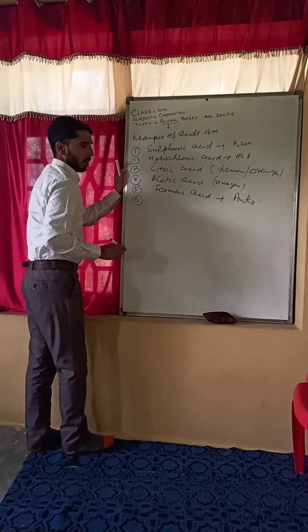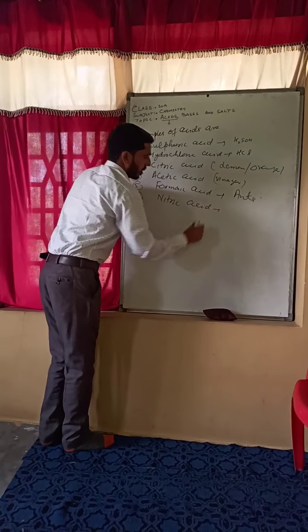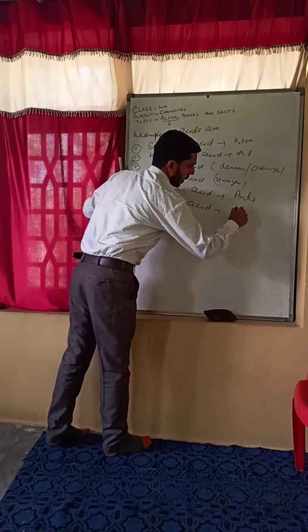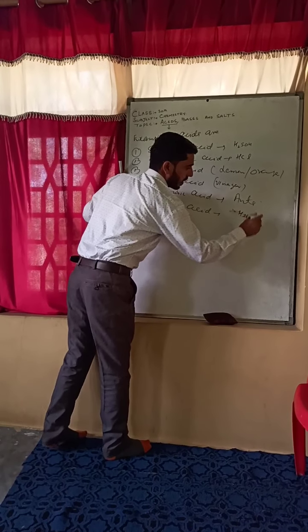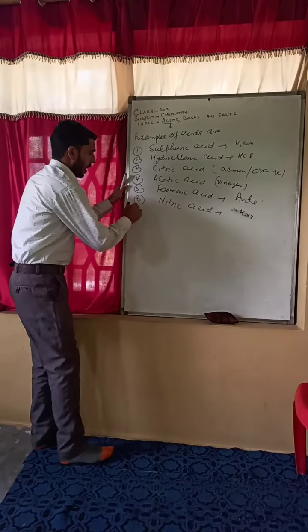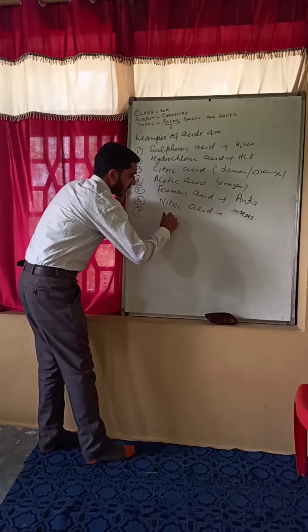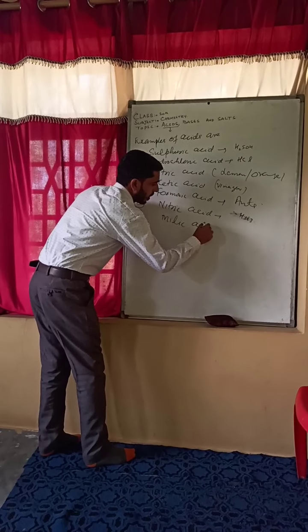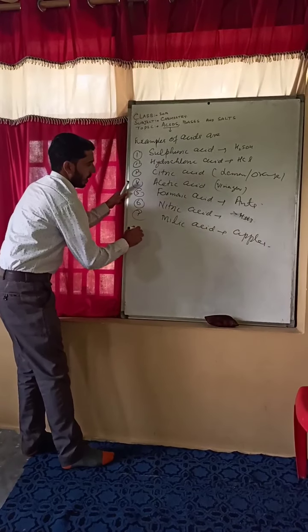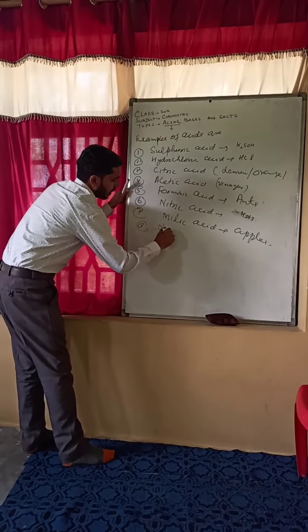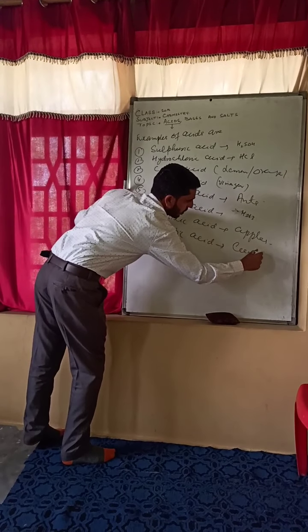Then we have one more, nitric acid, whose formula is HNO3. Then there is malic acid. We get this from apples. Then we have one more, lactic acid. We get this lactic acid from curd.